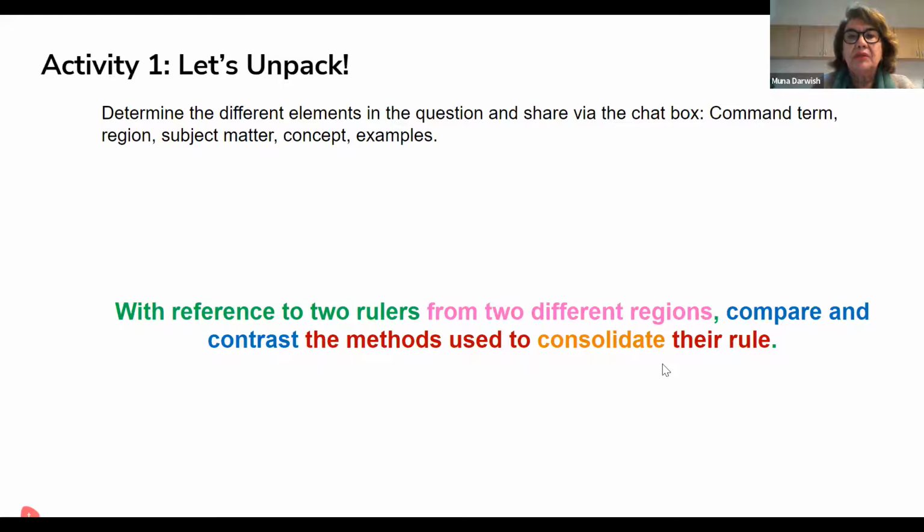Yes. Region, 2 rulers each from a different region. Yeah, 2 different regions. Command term, compare and contrast. Yes. Subject matter, methods used to consolidate or consolidation of power.